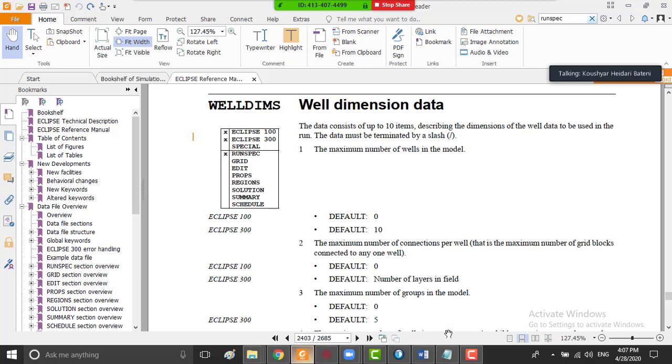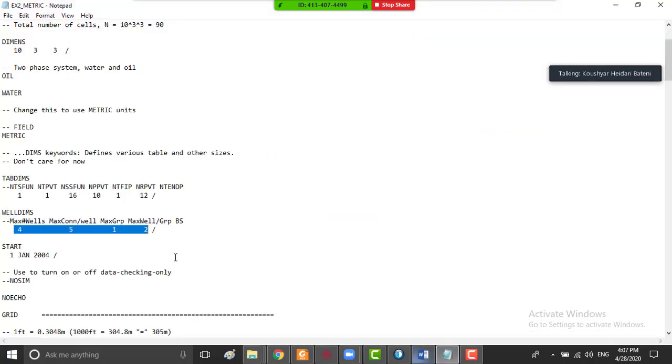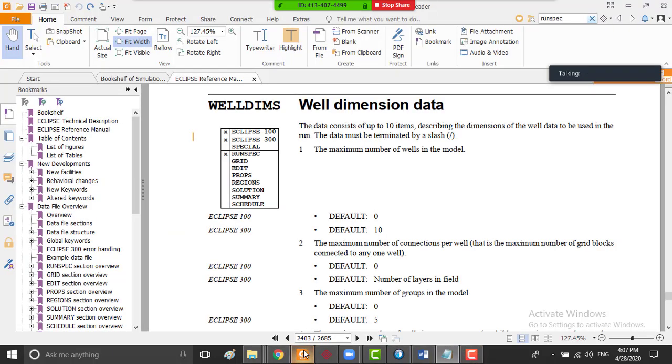And you see in the data file that I've sent you that it terminates with a slash. Here in the reference manual, it says after the WELLDIMS keyword we can have 10 data items.